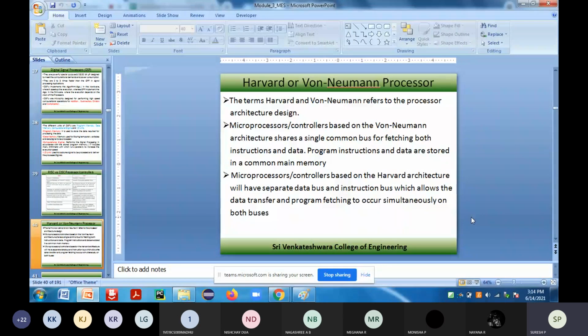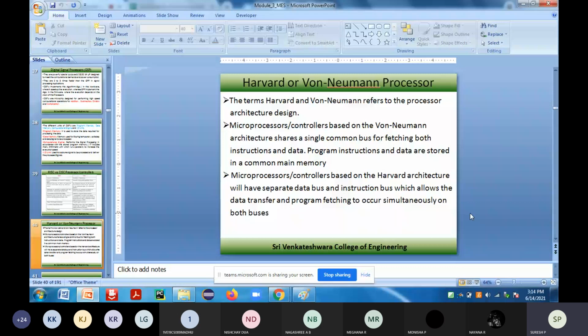In the von Neumann architecture, it shares a common bus for fetching both instructions and data. So a single bus will be there, and that single bus has to be used to fetch the data as well as the program instructions.